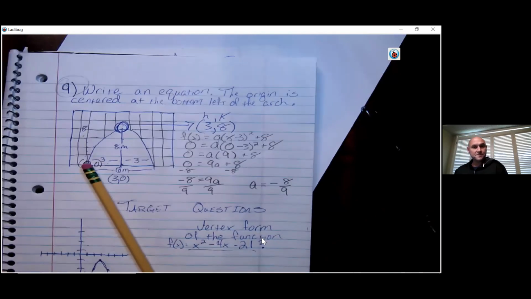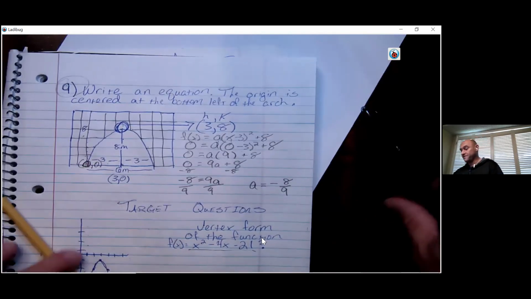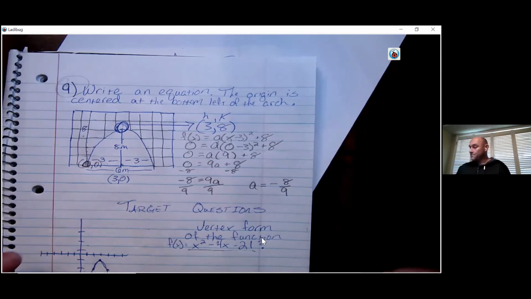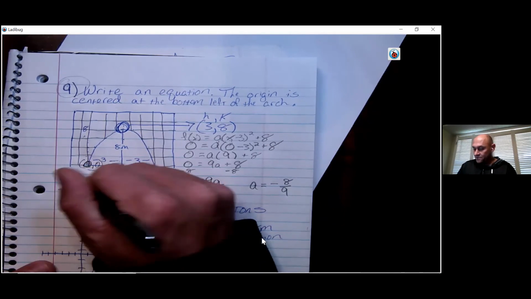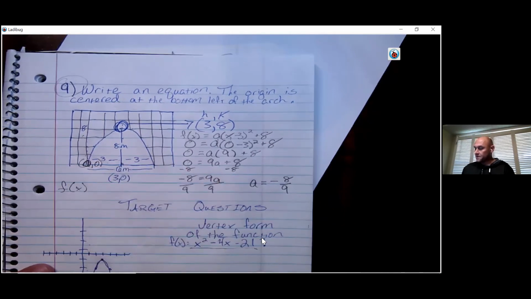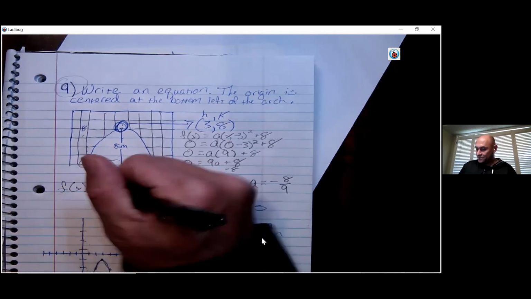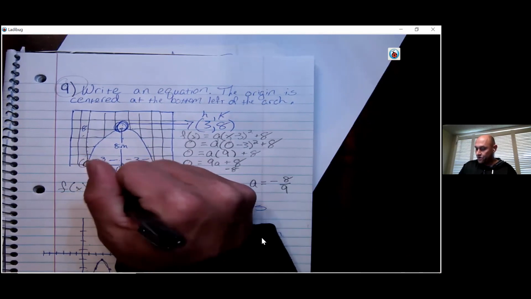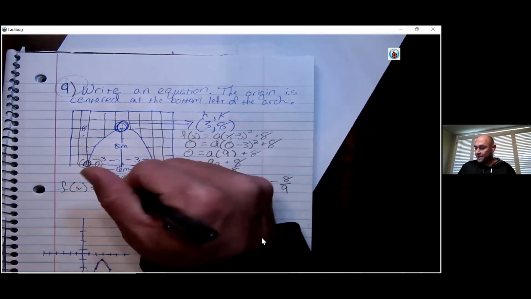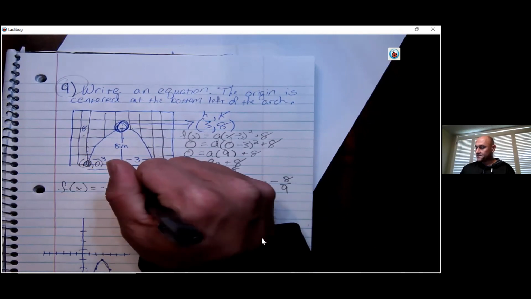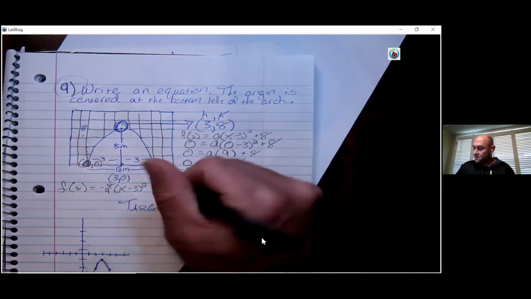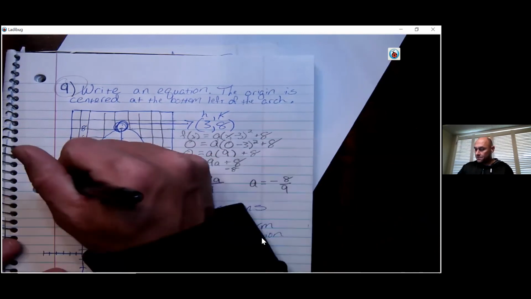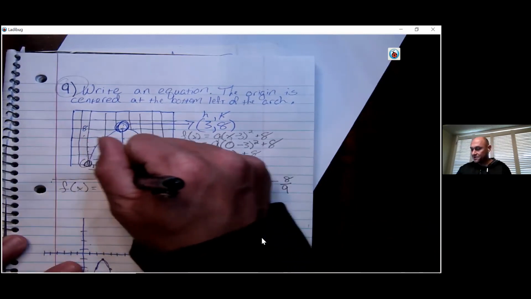Sorry about the use of paper there. But rewriting this in all of its vertex form glory, I've got f of x equals negative 8 over 9 times x minus 3 squared plus 8, and boxed.